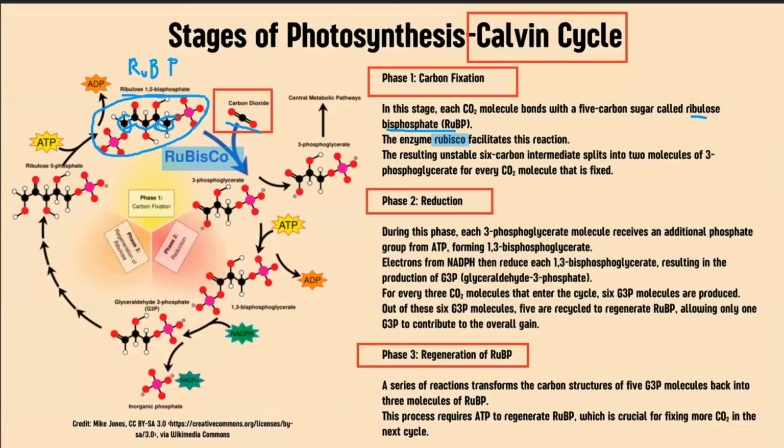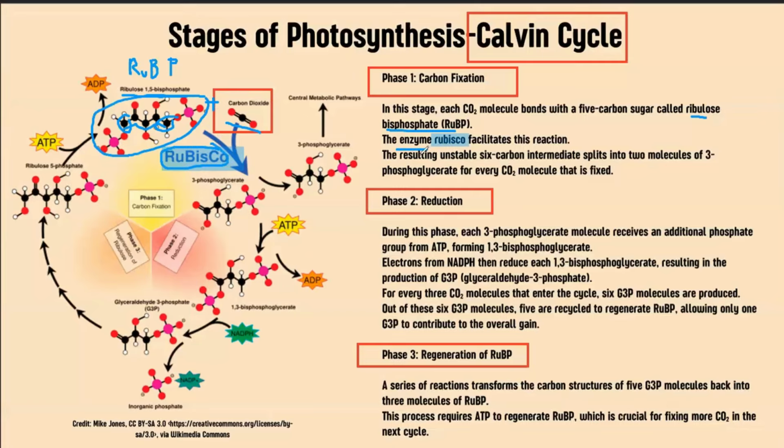Well, rubisco is an enzyme. What it's going to do is come together to essentially facilitate the CO2 and the RuBP combining together. So the rubisco comes in as the enzyme, and remember, it's trying to get reactants to products because that's what enzymes do.